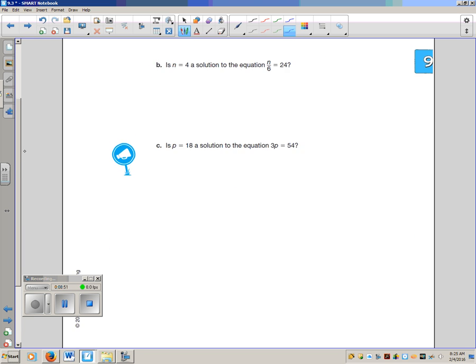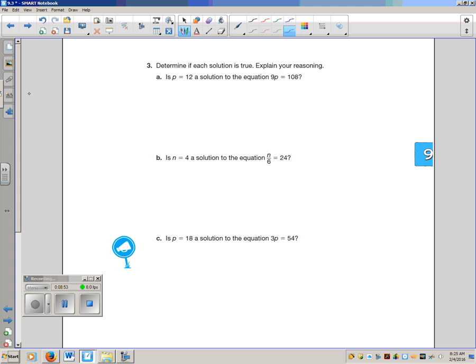Now, just got to substitute on the next page, seeing if the variable they offer is true. So if p is 12, 9 times 12, does that equal 108? 9 times 12 is 108. 108 equals 108. If n is 4, is that a solution too?